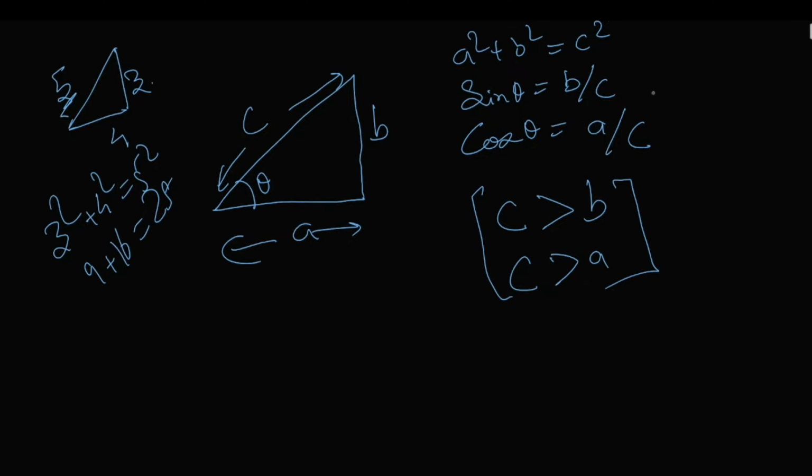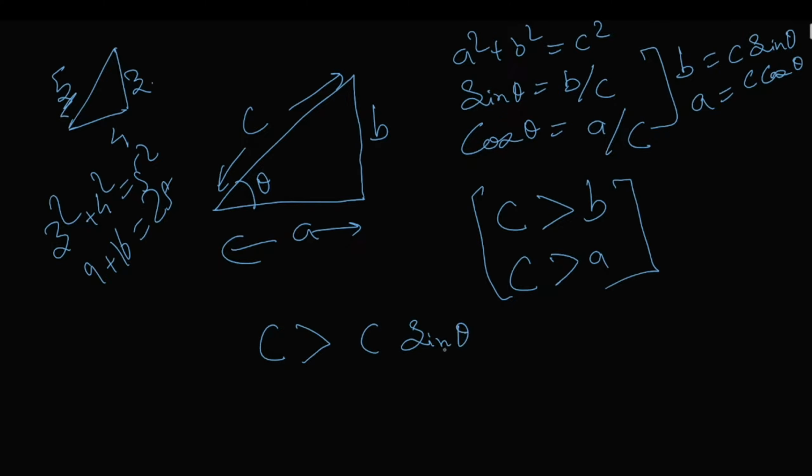So now from here we will find B is equal to C sin theta and A is equal to C cos theta. Now replace this here. So C would be greater than B. What is B? C sin theta. And what is A?